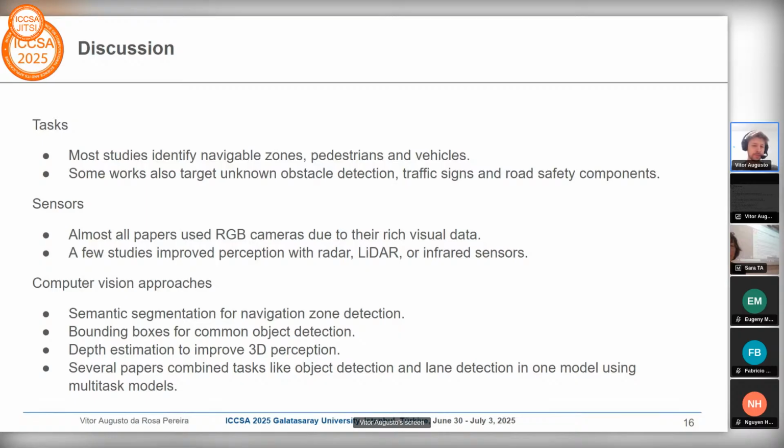And the bounding boxes technique stood out for common object detection, for example, vehicles, pedestrians, and depth estimation techniques were used to improve the 3D perception to give this sense of depth and distance from the objects. And several papers also combined tasks like object detection and lane detection in one single model using multitask approaches, so it's also interesting.